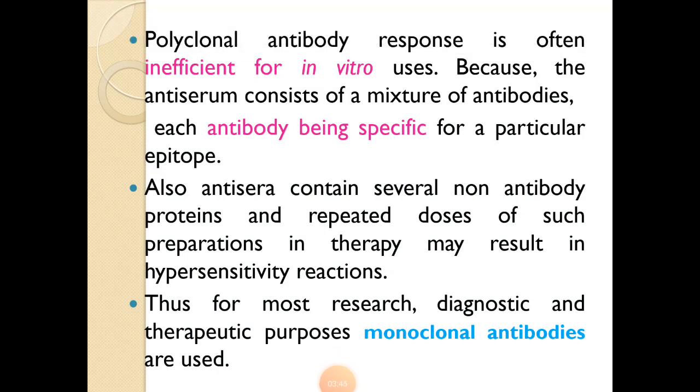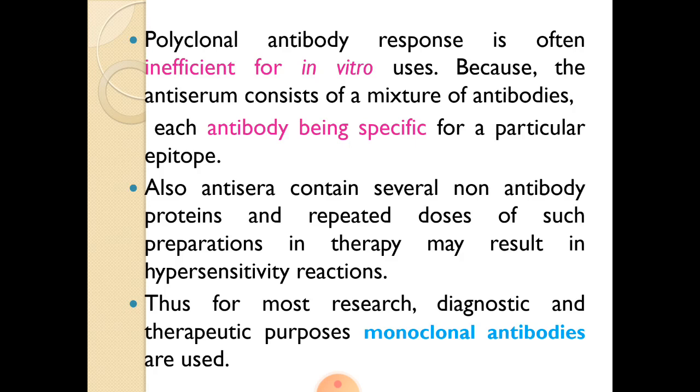What is the problem with the polyclonal antibody response? It is often inefficient for in vitro uses because the antiserum consists of a mixture of antibodies, each antibody being specific for a particular epitope.